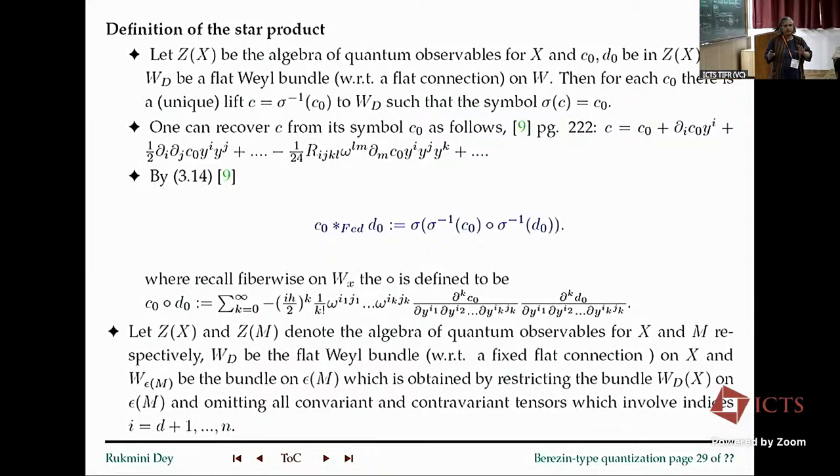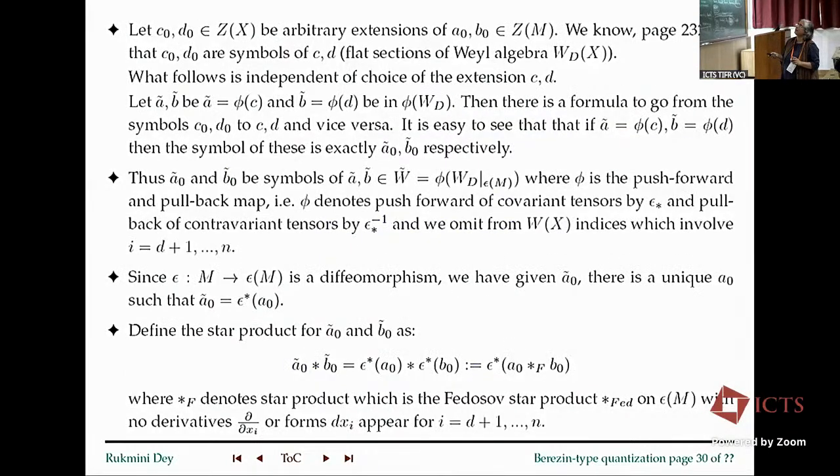This whole thing I'm calling phi. So A tilde, B tilde is phi of this. Here I have written some caricature of it. Phi is the push forward and pull back map. And we omit from Wx the indices which involve I equals to d plus 1 to 2n.